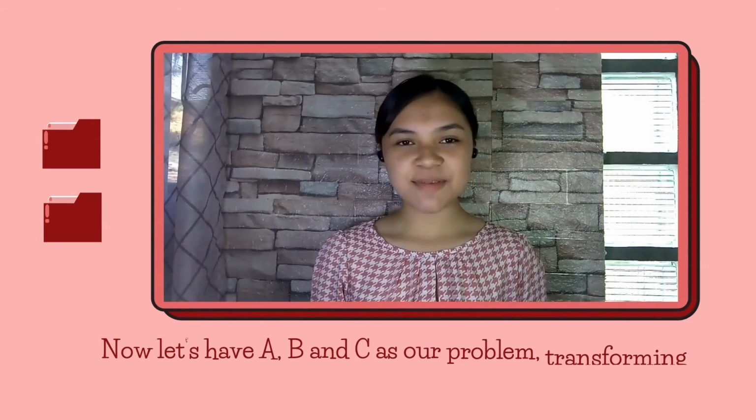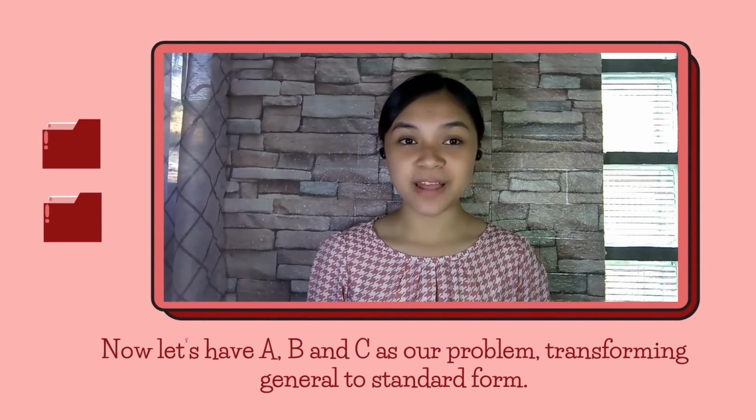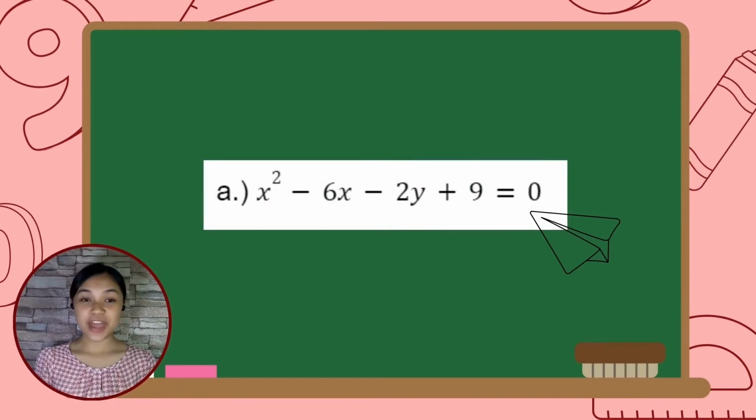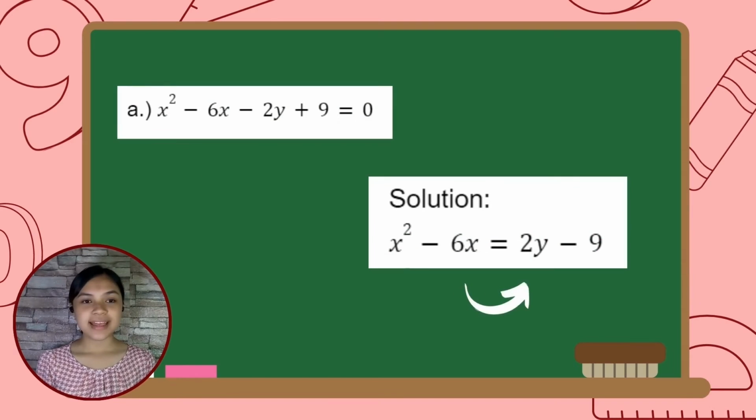Now let's have a, b, and c as our problems in transforming general to standard form. For letter a, we have x squared minus 6x minus 2y plus 9 equals 0. Keep x squared minus 6x, and move the other terms to the right side.